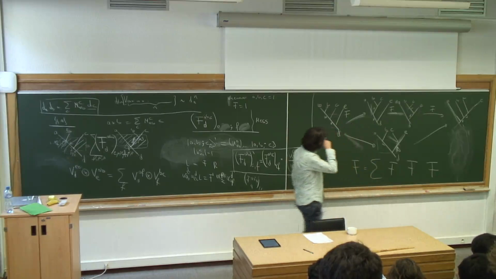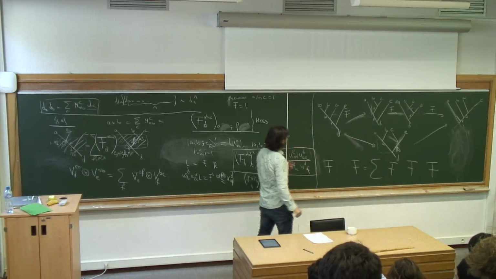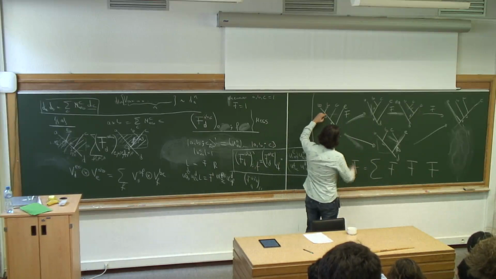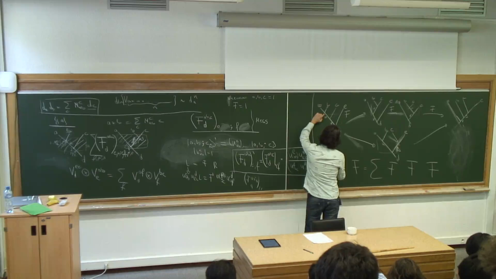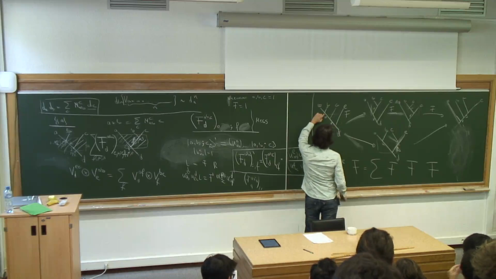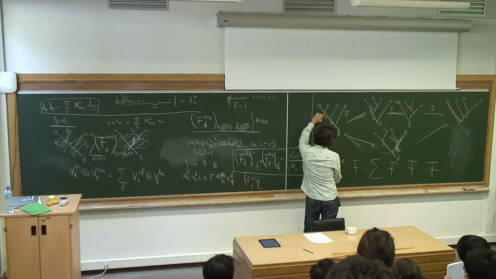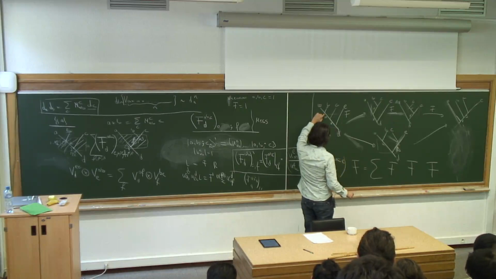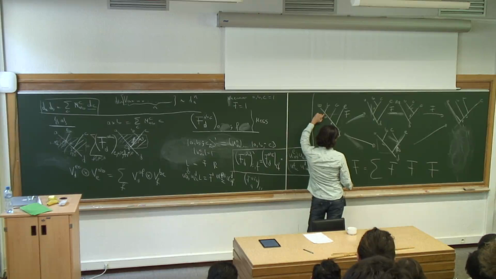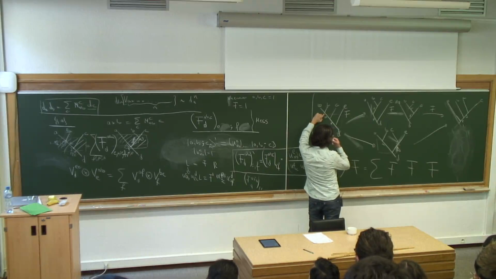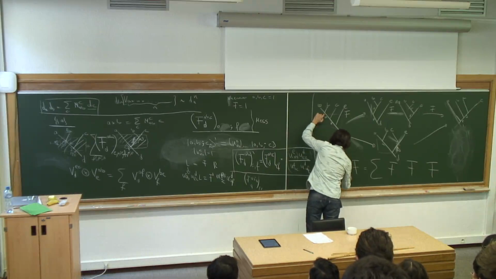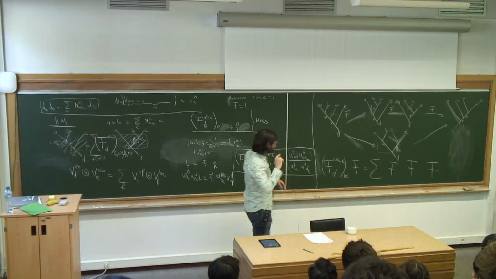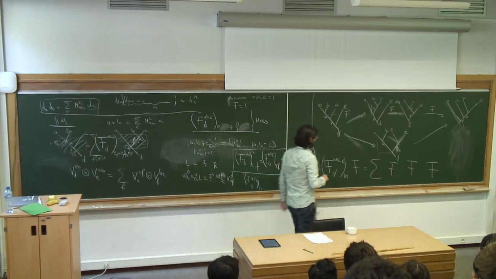So let's write this. Let's write this. Okay. So this one. Can somebody tell me what it is? What's the particle? What's this here? And what are the indices? Okay. And what is this one?